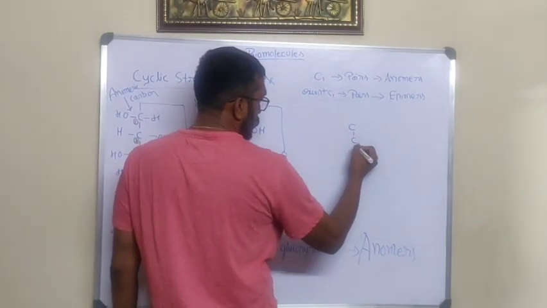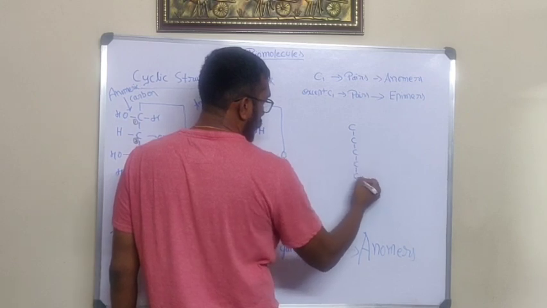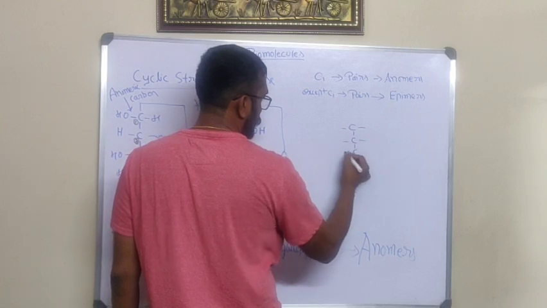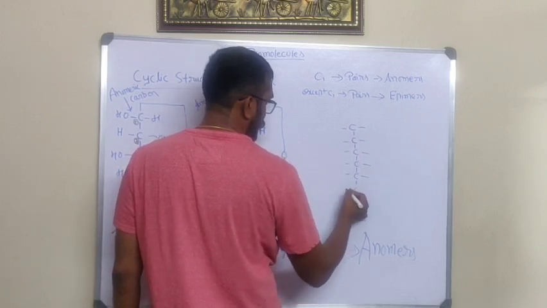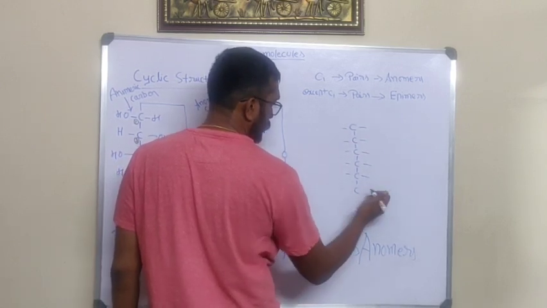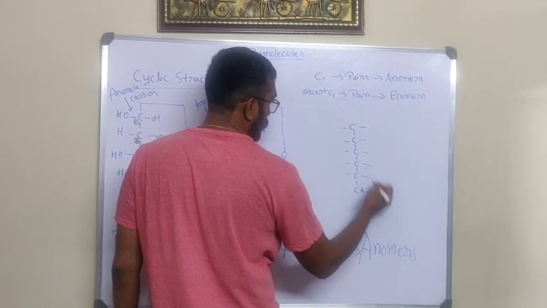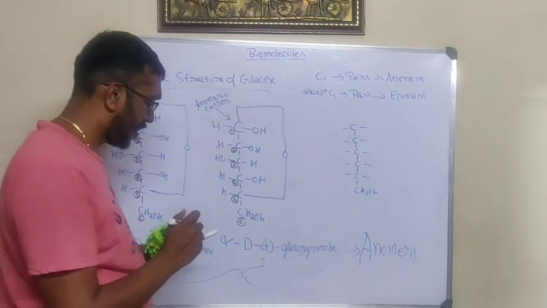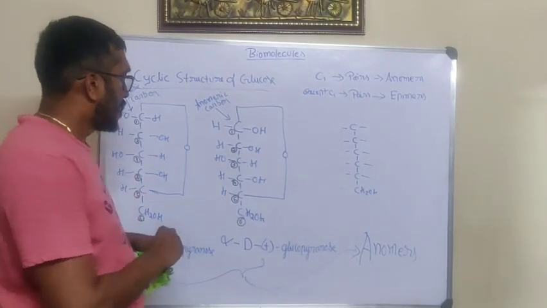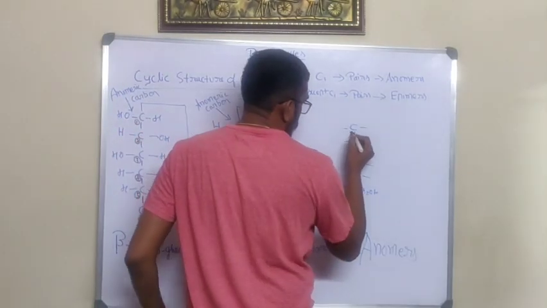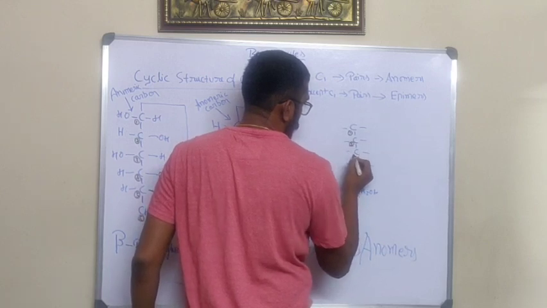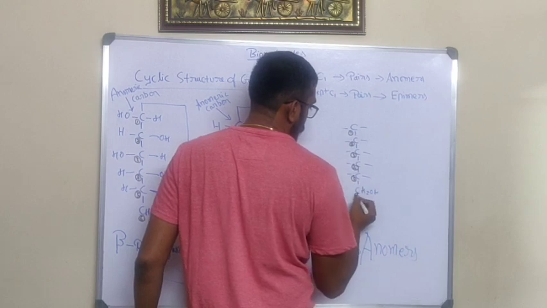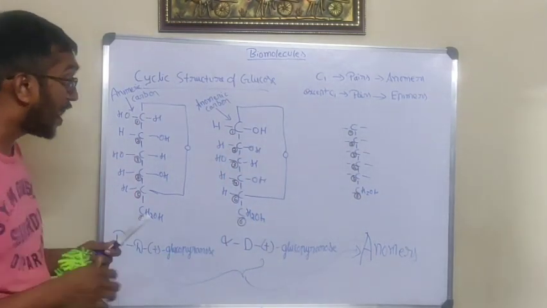So 1, 2, 3, 4, 5, 6, CH2OH. Let me write the carbon numbers: 1, 2, 3, 4, 5, and this is the sixth carbon.